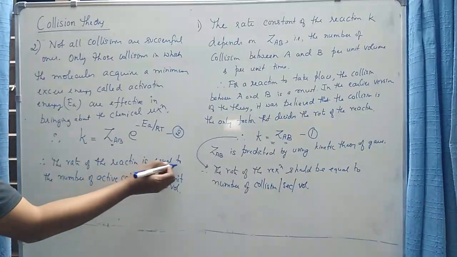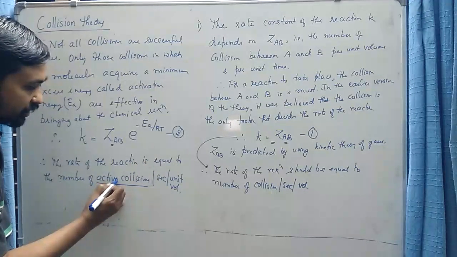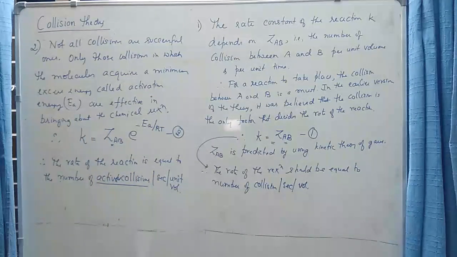Now you can see the modification made here. The rate of the reaction is equal to the number of activated collisions taking place per second per unit volume. So not all the collisions result in the formation of the product, only those collisions called activated collisions in which the molecules acquire the minimum excess energy called activation energy can undergo chemical reaction.